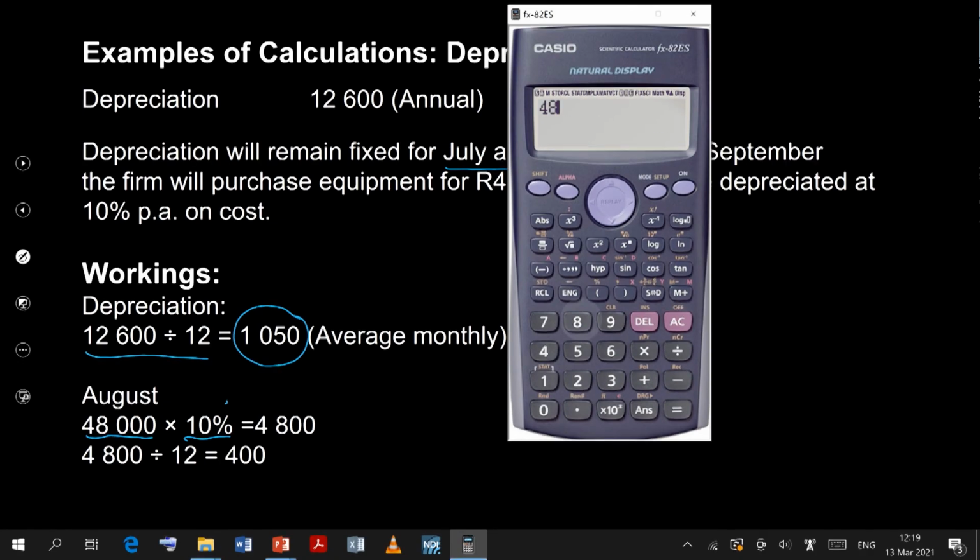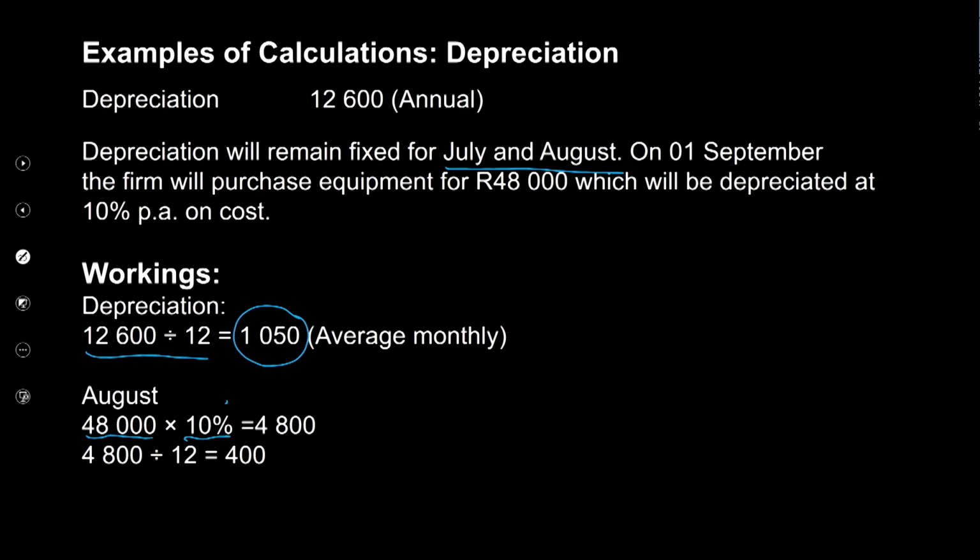So we have 48,000 was the new equipment that we purchased, times the rate of depreciation was 10%, and that gives me a figure of 4,800 for the year, right? Divide that by 12 per month, works out to 400. Okay, so now, what do we notice? That on the new equipment, there's additional depreciation of 400 Rand.